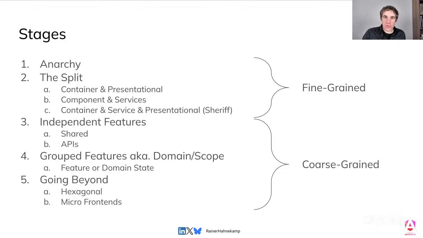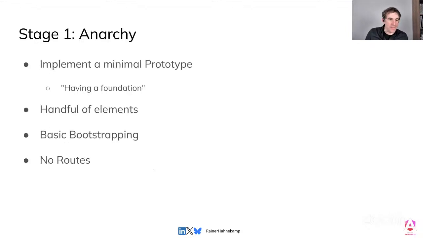The first 2 steps are fine-grained, as the slide says, so I can show a little more by live coding what I mean with these concepts, whereas 3, 4, and 5 are more theoretical in nature. There I will stick more to the slides and not do so much coding. At least that's the plan. And we will start with the first stage.